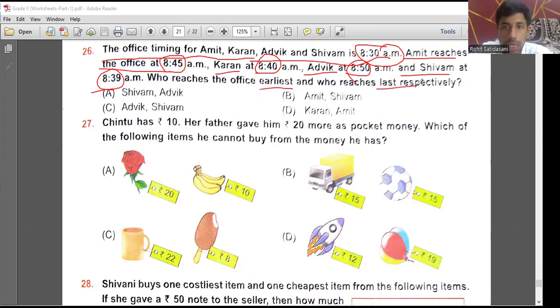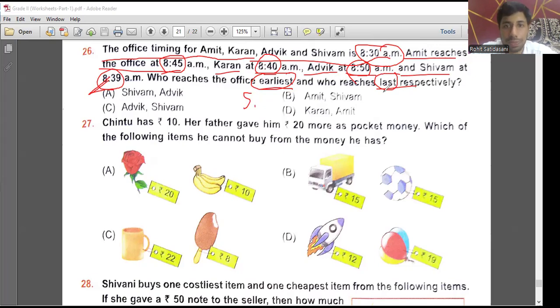Earliest means who reached first, and who reached last. So 8:30 is the time of reaching, but Amit is reaching at 8:45, Karan at 8:40, Advik at 8:50, Shivam at 8:39, which means Shivam is reaching the earliest.